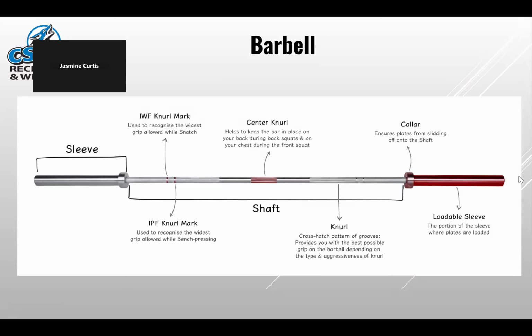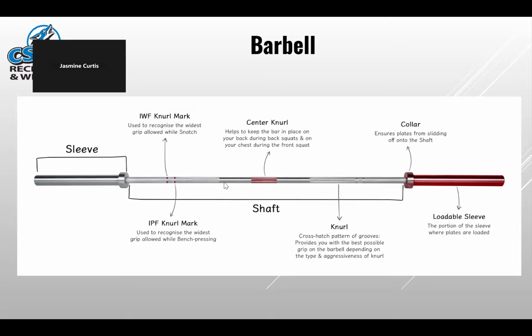Let's look at the barbell. So this is something we've added just so that you're more familiar with the equipment that you're working with. Let's start in the center. There's knurling. So when you see this crosshatch or X pattern, that is for our grip. It also helps keep the bar in place on our back or even the chest or in a front squat.